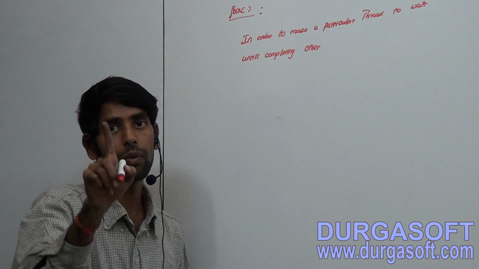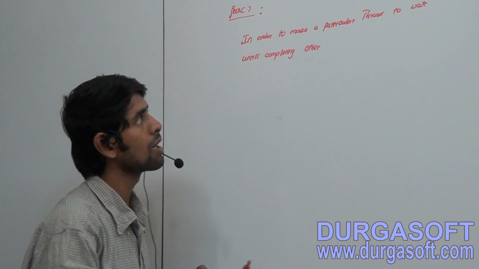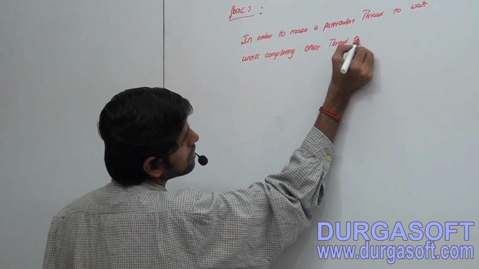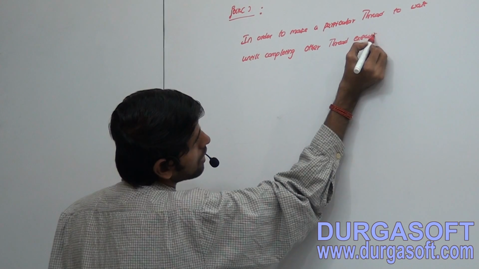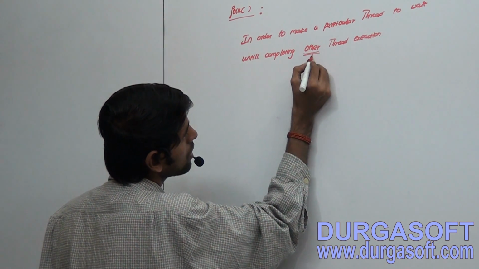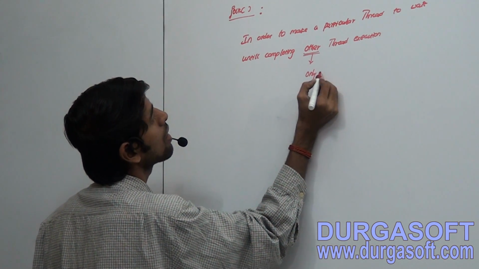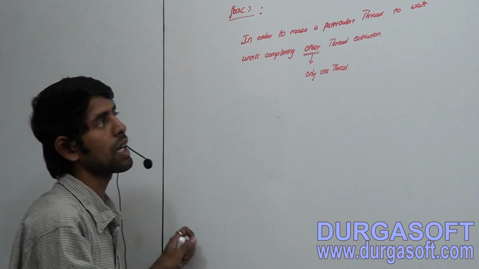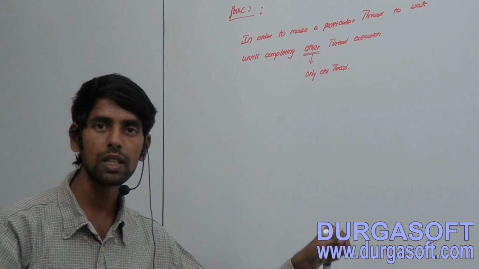Other thread means here only one thread. That is the trick here. Here, other thread means you have to think about only one thread. Okay, that is important here. That's the trick here, and we are going to see this one.